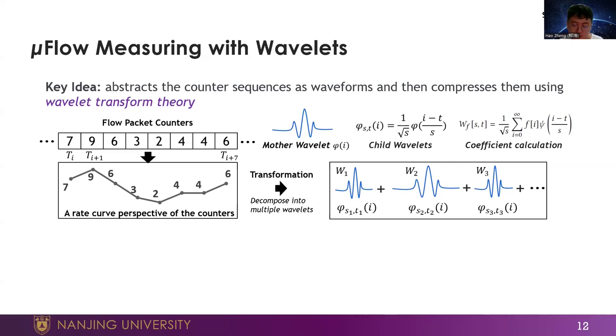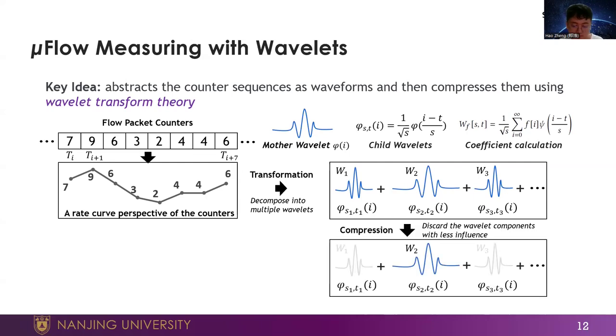The original rate curve is decomposed into a set of wavelet functions of different scales and positions. In wavelet transform theory, each wavelet function is derived from a mother function through scaling and translation. It can effectively decompose the original curve so we can analyze which parts are important and which parts are relatively smooth and can be ignored.